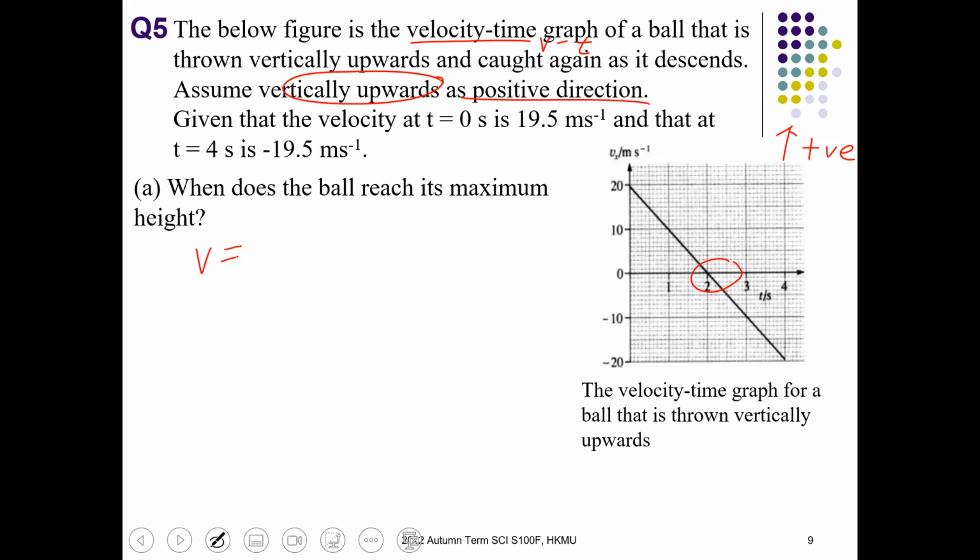When v equals to 0, this is the special stage of momentarily at rest.